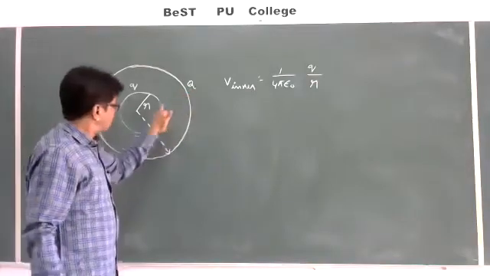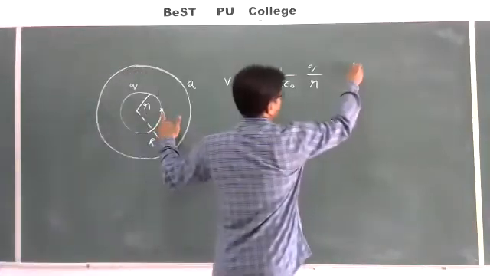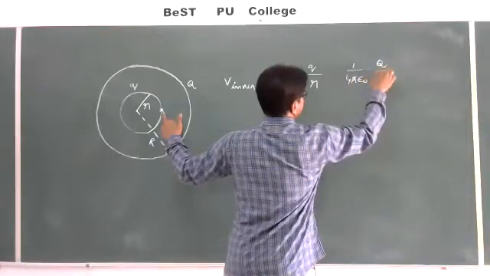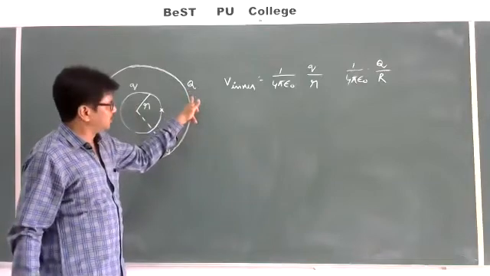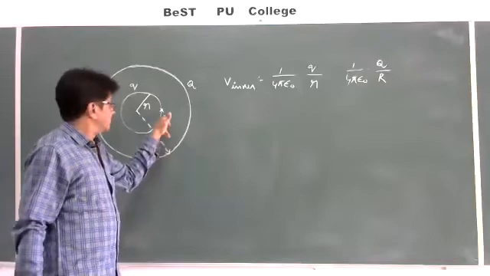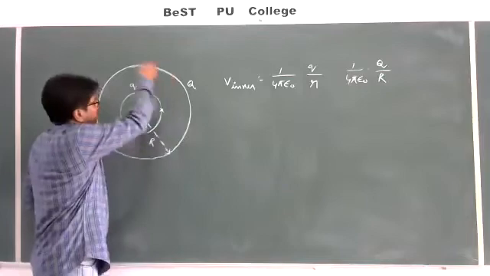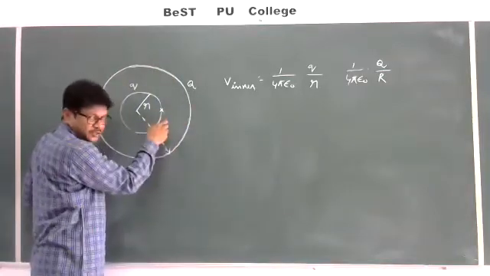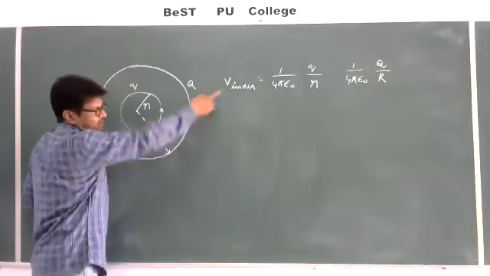Now, because of this charge, what will be the potential on the inner sphere? 1 by 4 pi epsilon naught, capital Q by capital R. How much potential will be there on the surface? The same amount will be there inside also. That's why the potential at this point, because of this charge capital Q, this point is inside the sphere, the potential will be same as that on the surface.